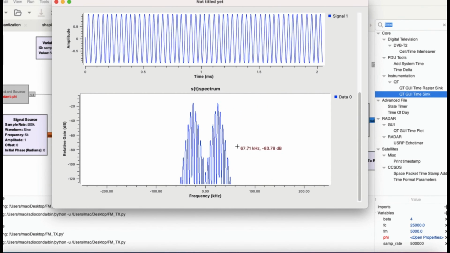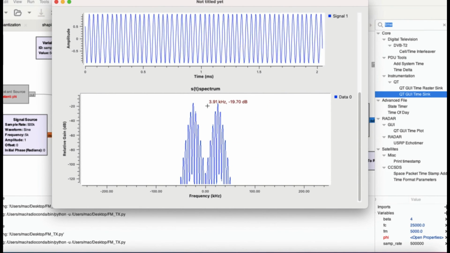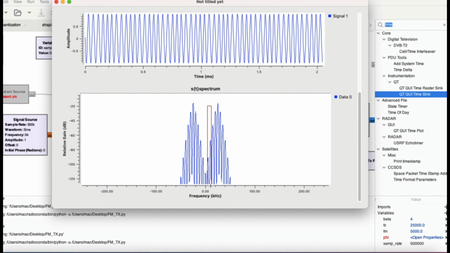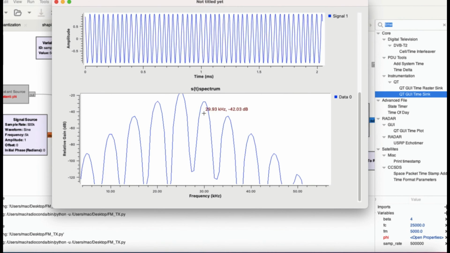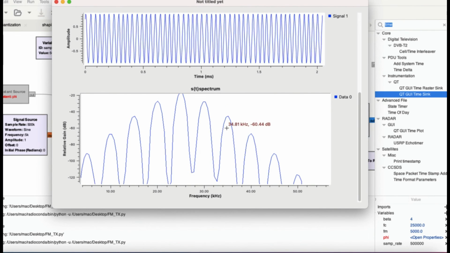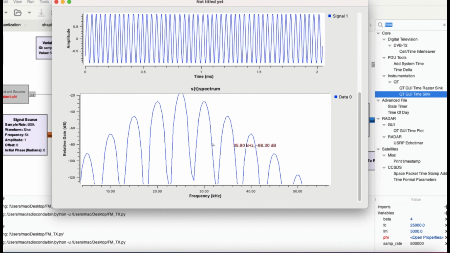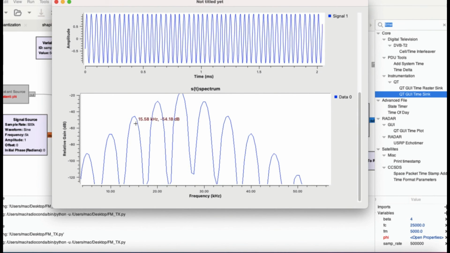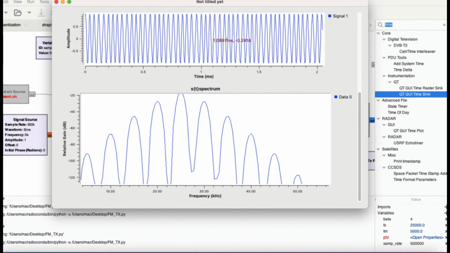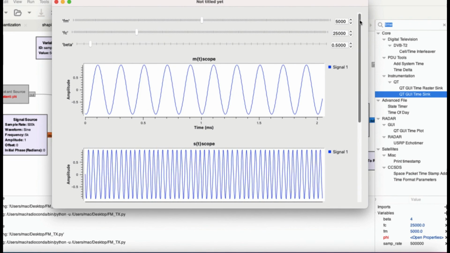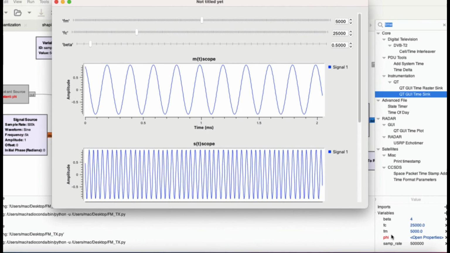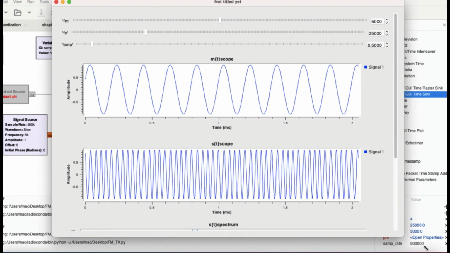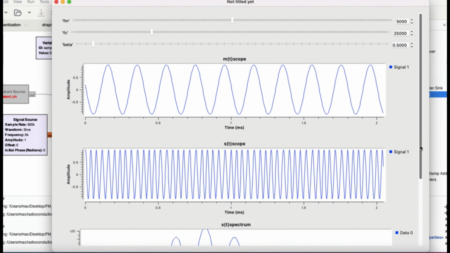But this is what you should be observing: FC plus FM, 2FM, 3FM and so on, and FC minus FM, 2FM, 3FM and so on. So this is how you actually take your equation and convert it into a working communication system like FM.